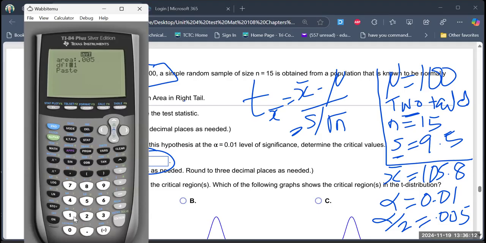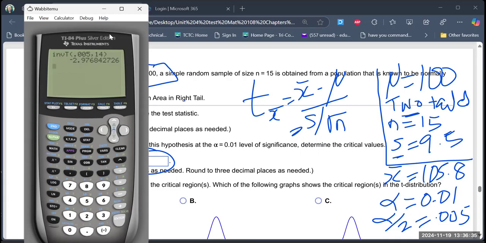Degree of freedom is 14. Sample size is 15. So I'm now about to calculate the critical value. So I have the critical value is plus or minus 2.98.